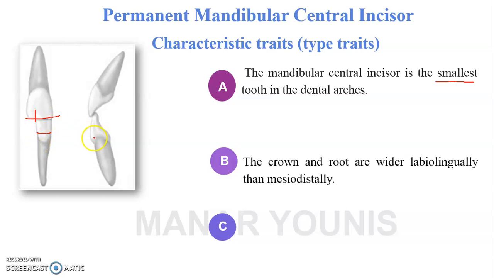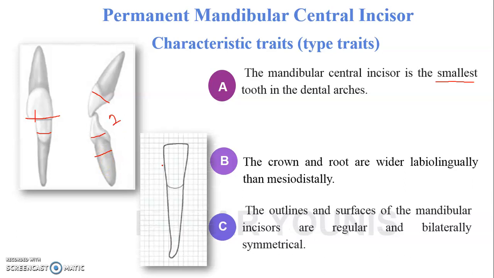The crown and roots are wider labiolingually than they are mesodistally. Usually, the labiolingual diameter of the mandibular central incisor is only 1 millimeter less than that of maxillary central. The outlines and surfaces are regular and bilaterally symmetrical, as it's obvious here.